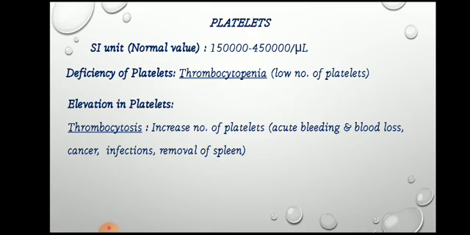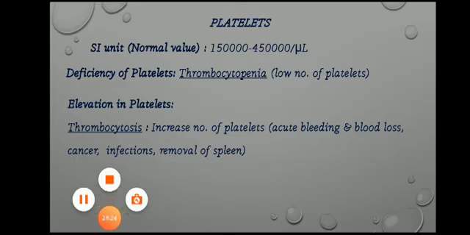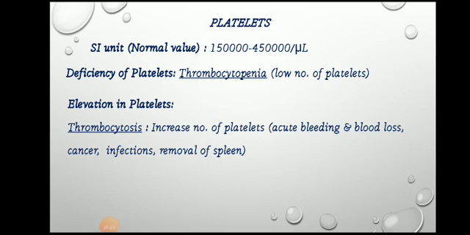Students, we will be stopping here. So what we have studied today is simply the different blood parameters, called hematological parameters, like the complete blood count: RBCs, their different diseases, WBCs, their conditions, and platelets.